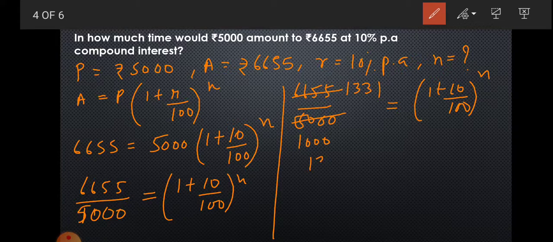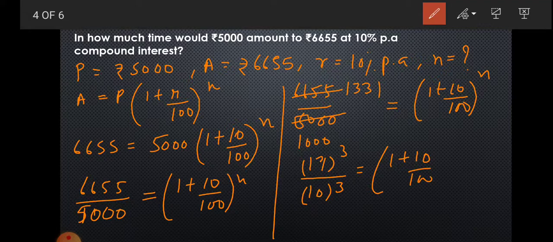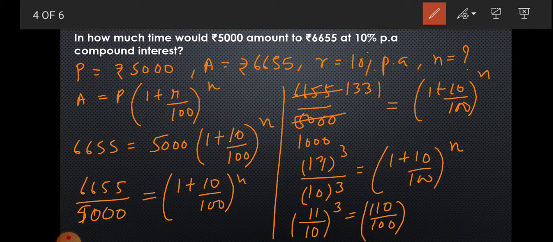Now 1,331 is cube of 11 and 1,000 is cube of 10. 11 by 10 cubed is equal to, take LCM, 110 by 100 raised to the power n.